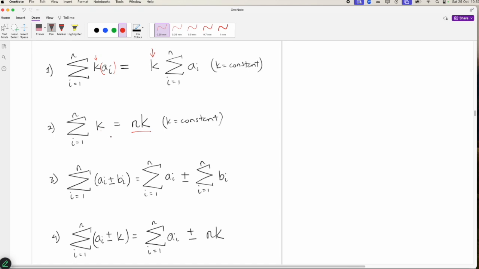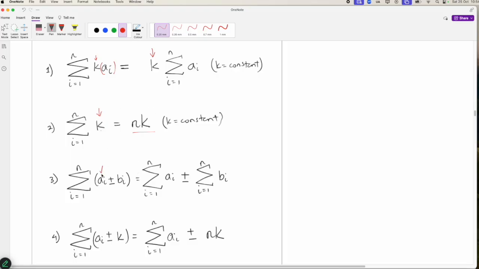So the summation of the number 2, if n is 3, you'll find what it is here. You wouldn't find the summation of the 2 times table, so I guess the 2 times table is a bad example. But the rule is if you have a constant here and no series, you just multiply n by k.